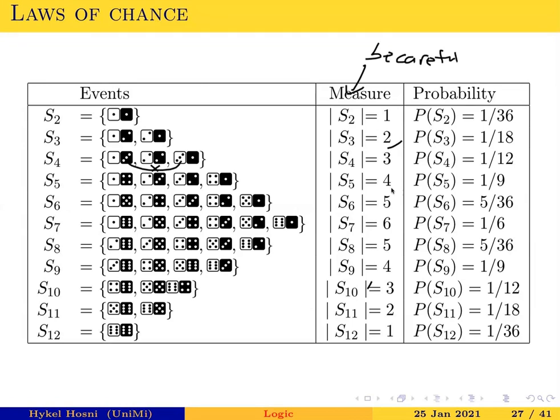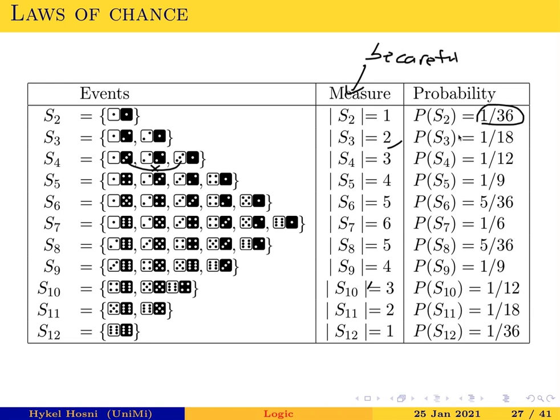This, together with the assumption that each outcome is as likely as any other outcome, is sufficient to determine uniquely the probability of that event. So the probability of you getting a sum of 2 with 2 dice is 1 over 36.